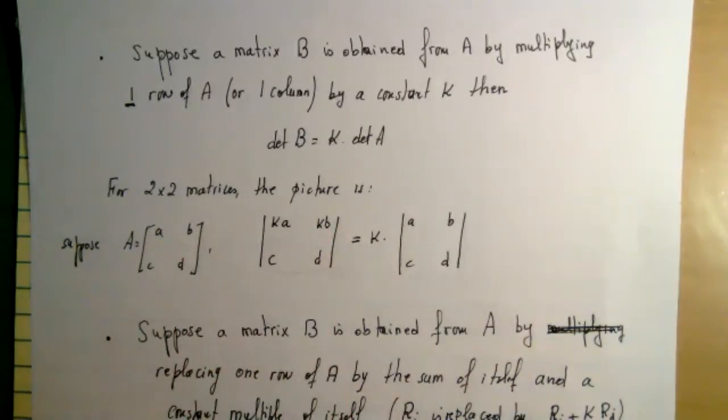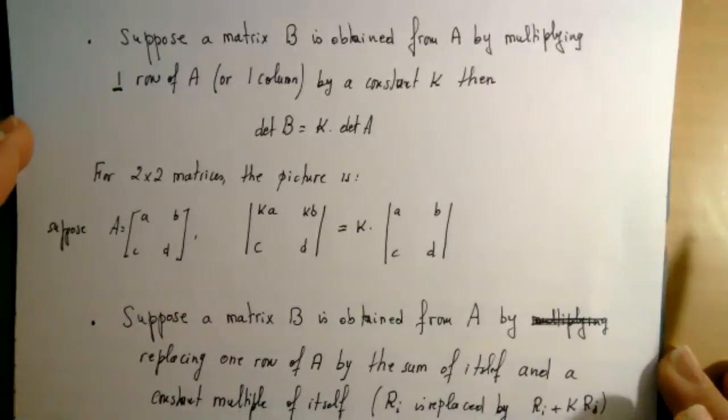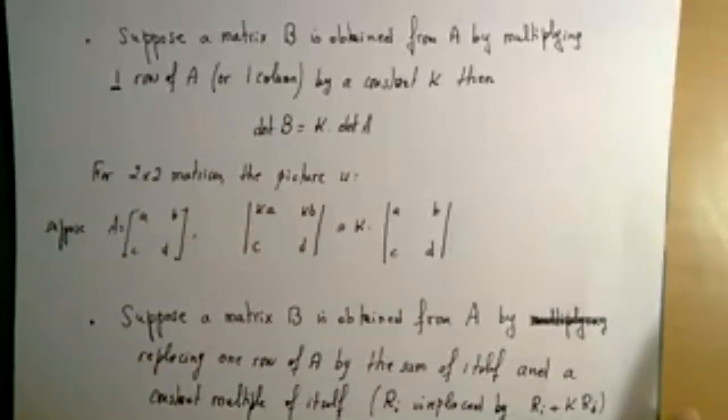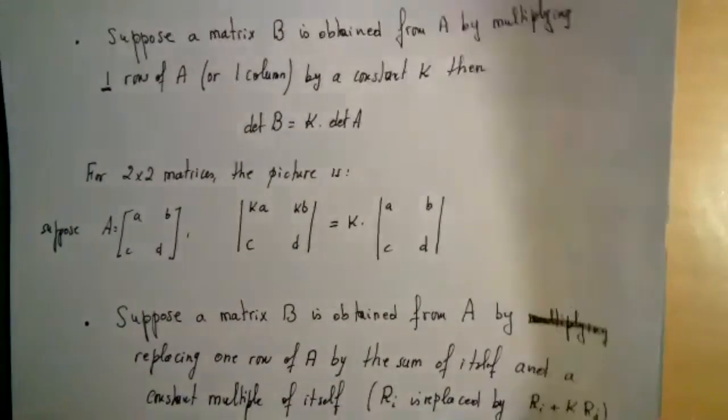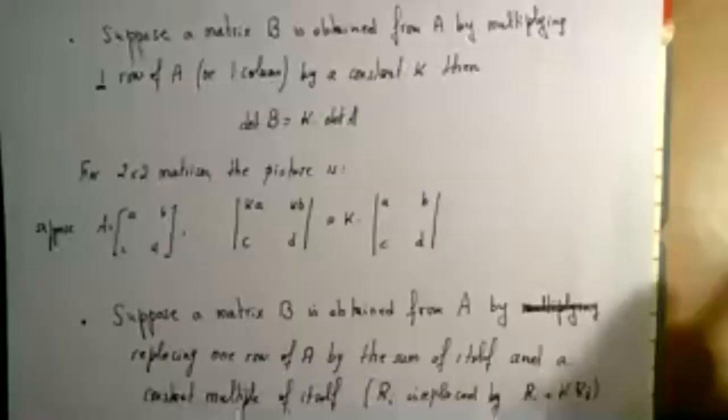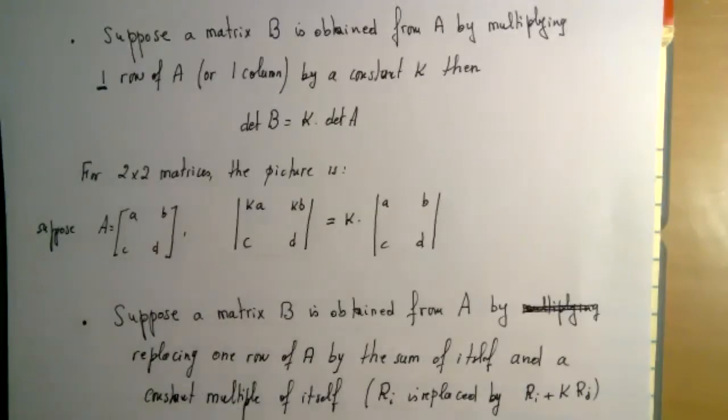Now, the last operation, which is by far the most important operation we performed, because that's what actually got me to the echelon form. So what is the last operation we performed? What we call the replacement operation. And this operation was the following.